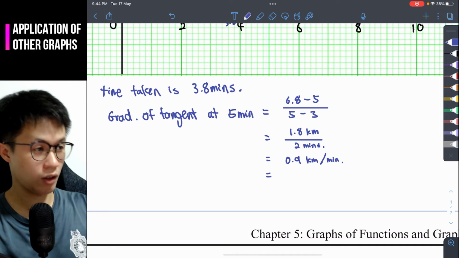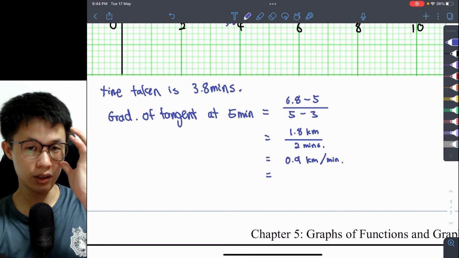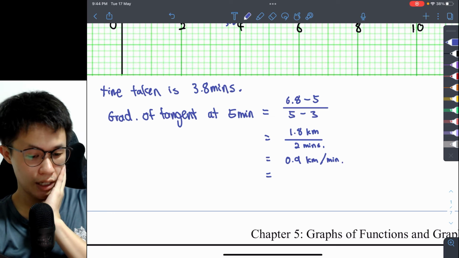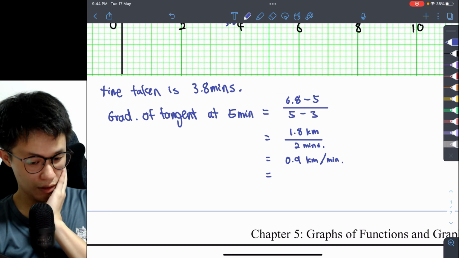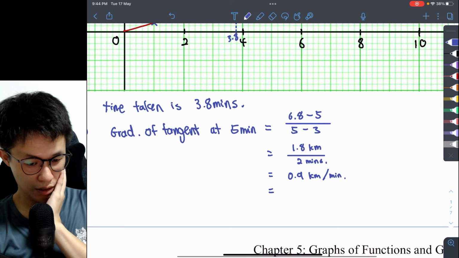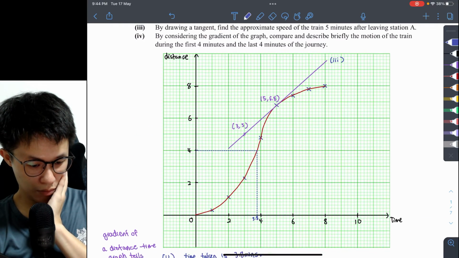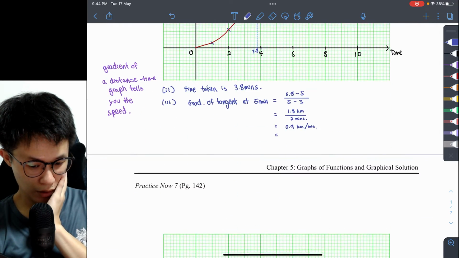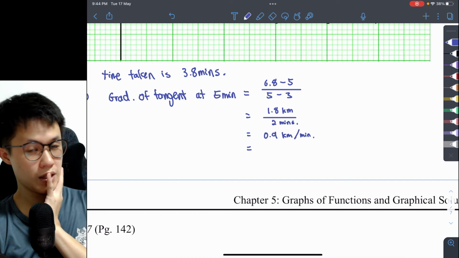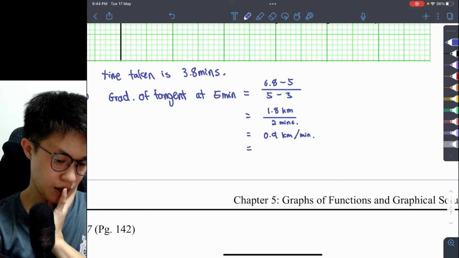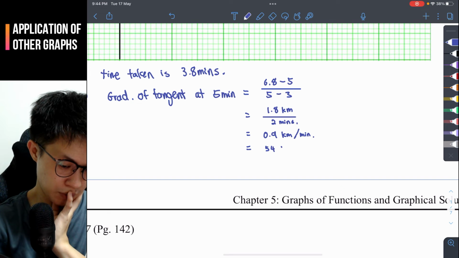I want it in terms of hours, which means I have to multiply it by 60. So 60 times 0.9 is actually 9 times 6. 9 times 6 is 54 km per hour.